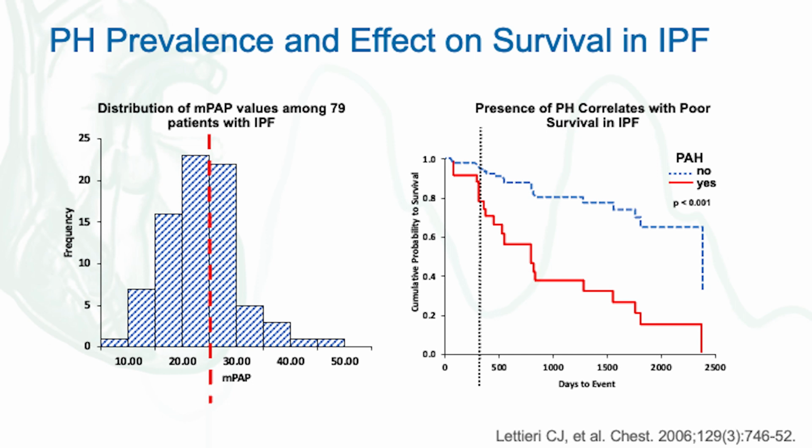It's not a disease of pressure. So even with a quote unquote modest elevation in mean pulmonary artery pressure, this significantly impacts survival. Here you can see patients with this very modest increase have substantially worse survival, where at 1 year, that's the dotted line, you go from somewhere around 95% down to 80% in survival, and it just exponentially goes down.